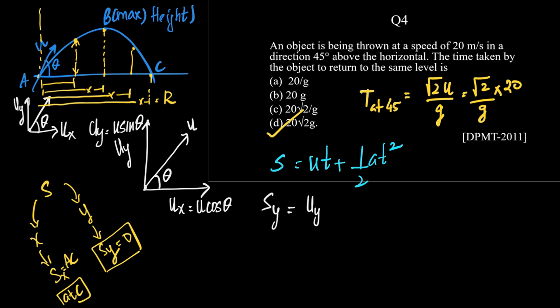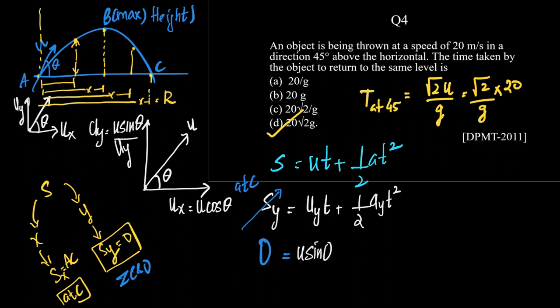But what we need to understand is, while applying this equation, if we write it as Sy, you need to convert every term into the y component. So Sy is equal to uy into t plus half into ay into t square. Now, what is the vertical component of displacement at C? At C, the vertical displacement is 0. So this becomes 0 is equal to, what is uy? uy is u sine theta.